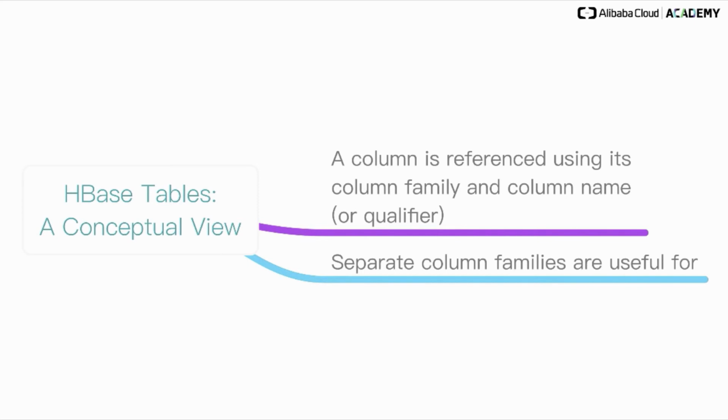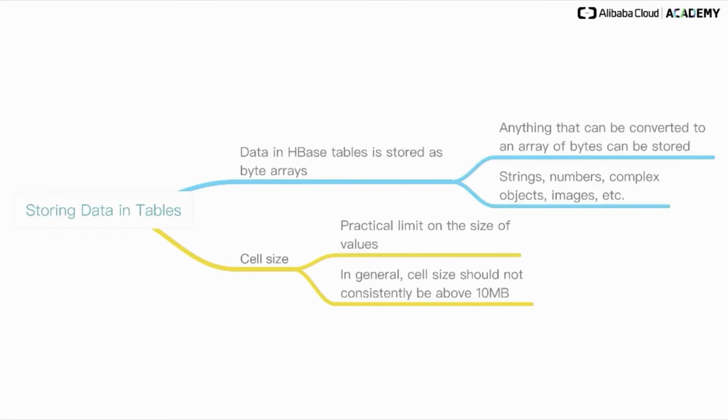You should use separate column families when data is not frequently accessed together, or data uses different column family options like compression. HBase supports a byte-in and byte-out interface via put and result. So anything that can be converted into an array of bytes can be stored as a value.